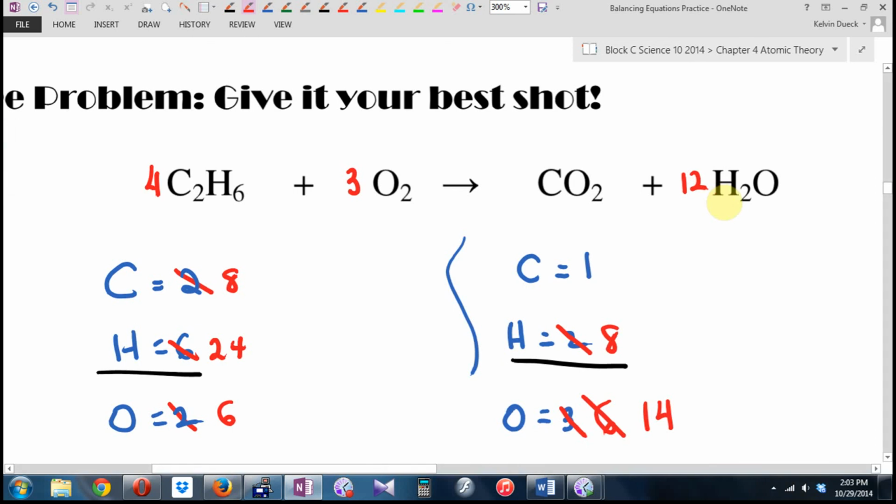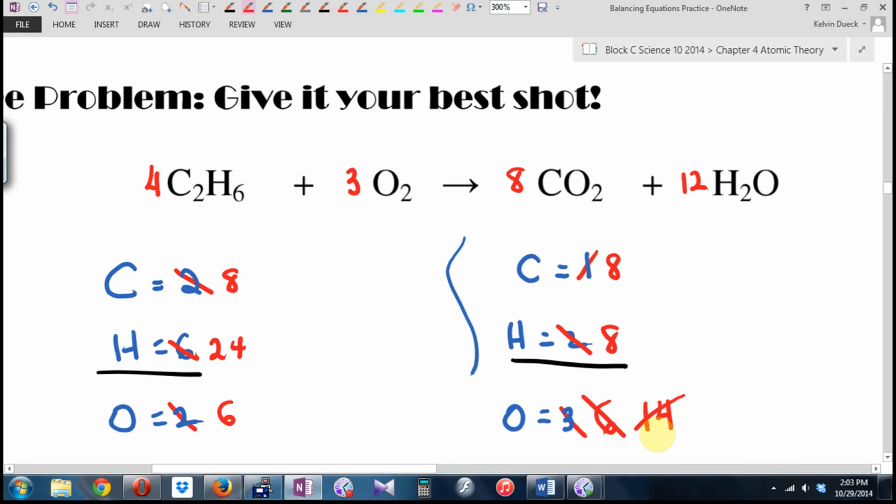Okay. What else is not balanced? How many carbons on the left? How many on the right? Let's try this. What else has that changed now, though? The number of oxygens. We're nearly done. I think we're almost home free.